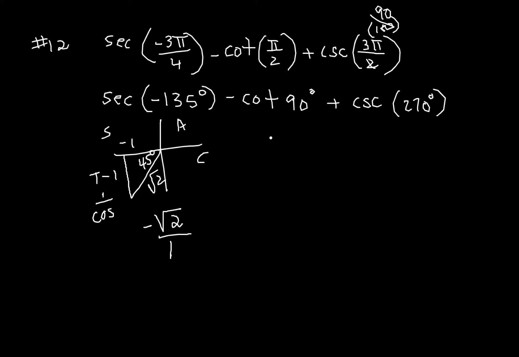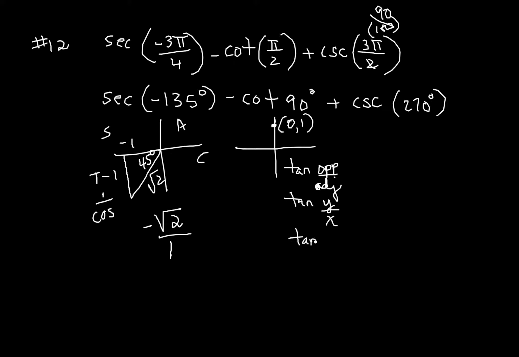Okay, cotangent of 90. Now this is the one where you go like this. You put your point up here like this, and this point is 0, 1, right? And tangent is opposite over adjacent, or tangent is y over x, or you could say tangent is sine over cosine.